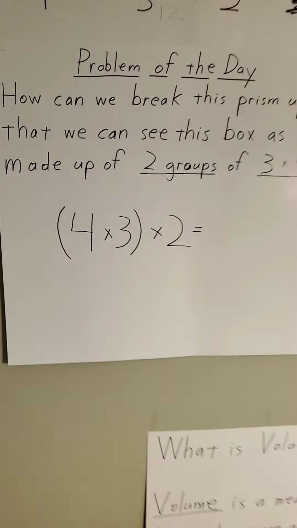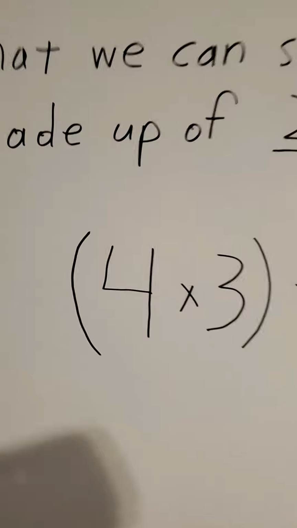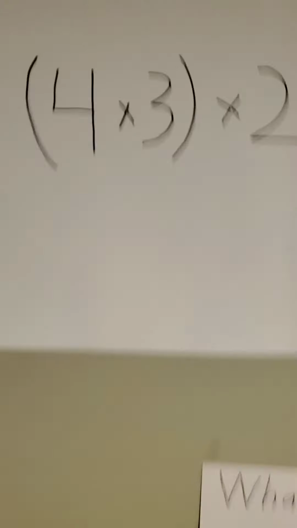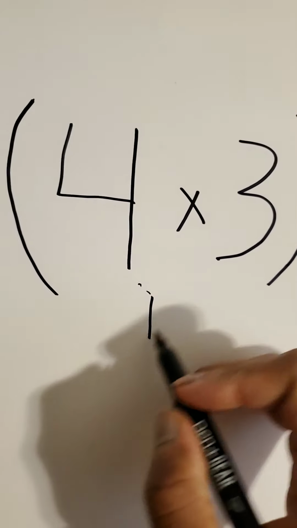What is 4 times 3 times 2? Oh, wait a minute. This sounds like something we did earlier. Let me get my pencil. I'm going to go ahead and use my marker. 4 times 3 equals 12.